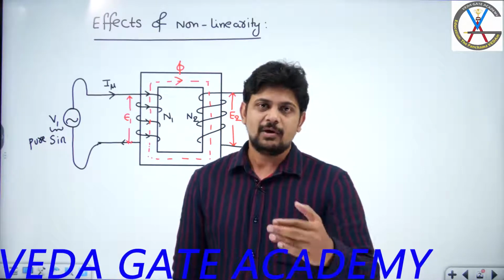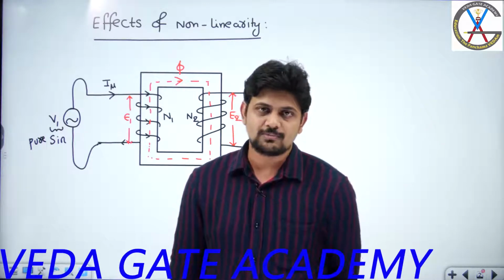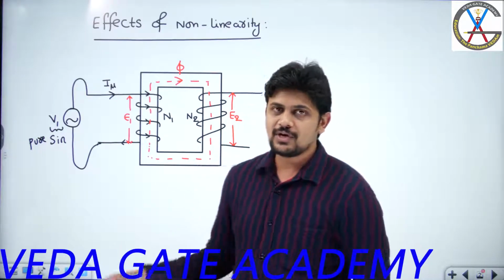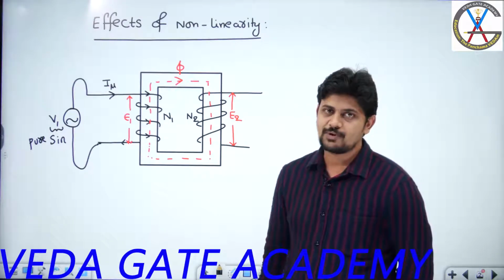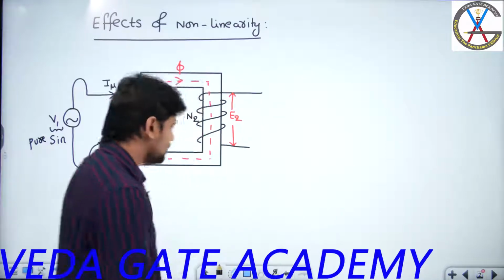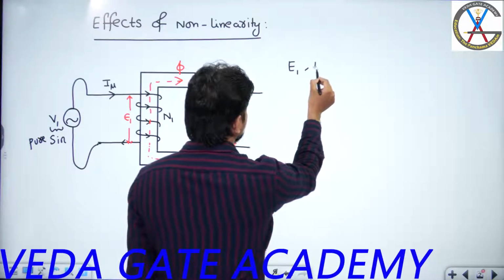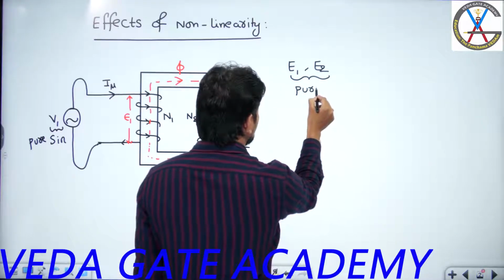We need to design the power system such that the total harmonic distortion is as minimum as possible. To minimize it, we always need to make sure that the induced EMF in the windings is as pure sinusoidal as possible.